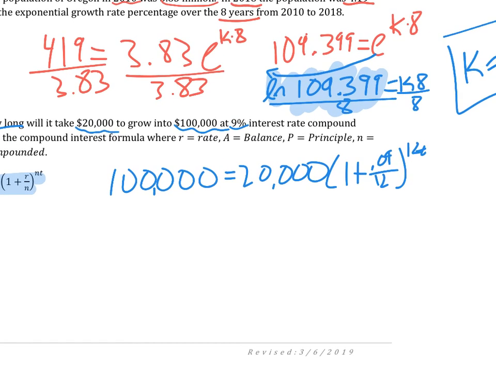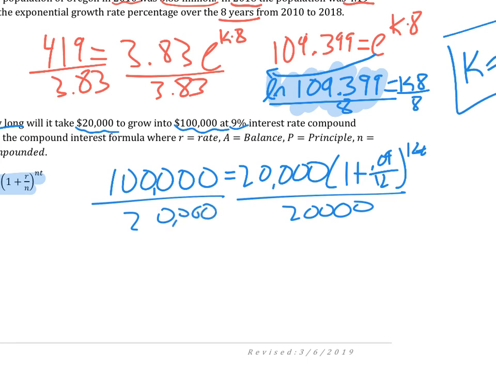We want to figure out how long it's going to take to go from 20,000 to 100,000, so 5 times bigger. Let's divide by 20,000 first, and that gives us 5 equals 1 plus 0.09 over 12 to the 12t.